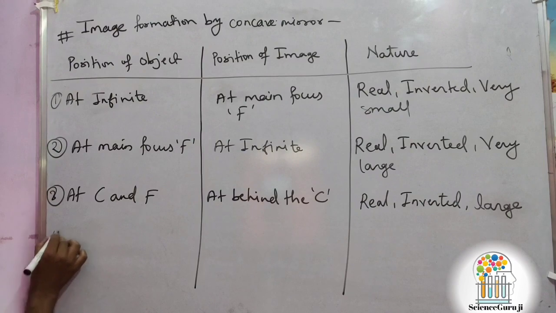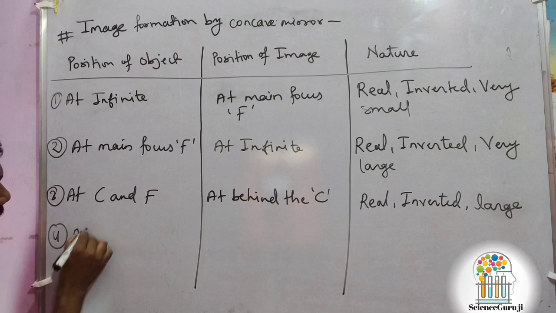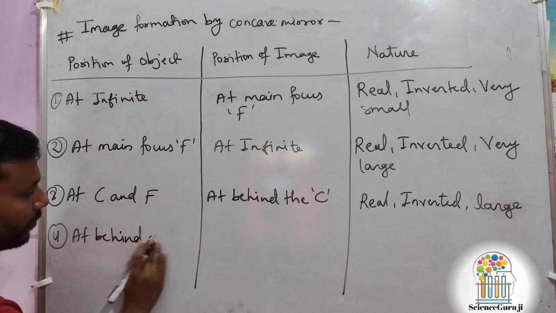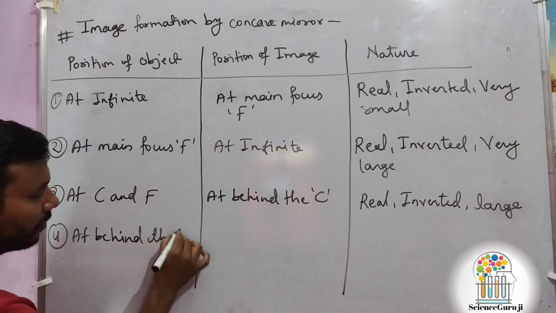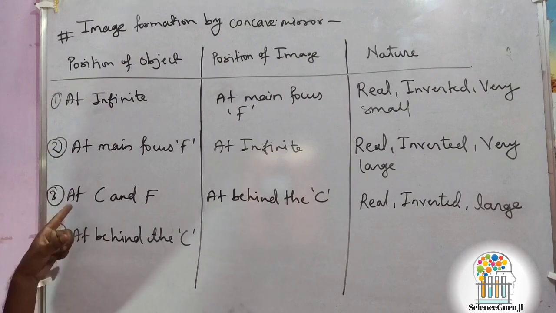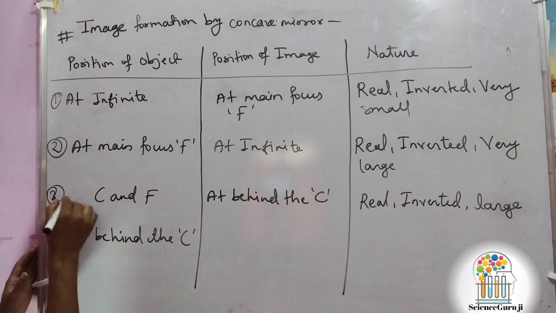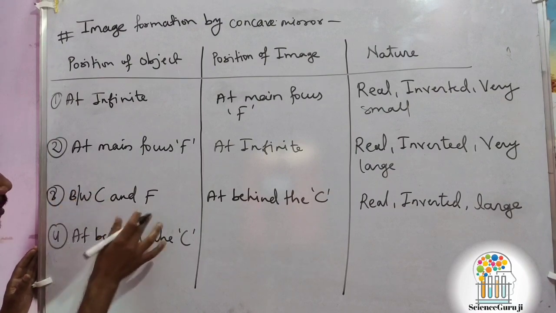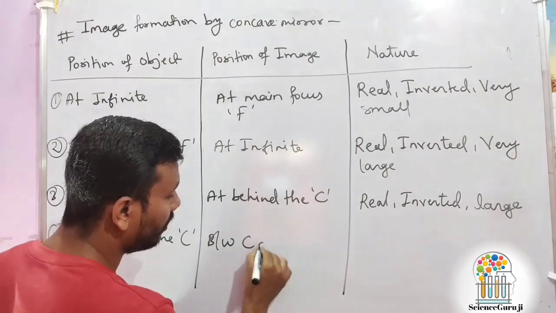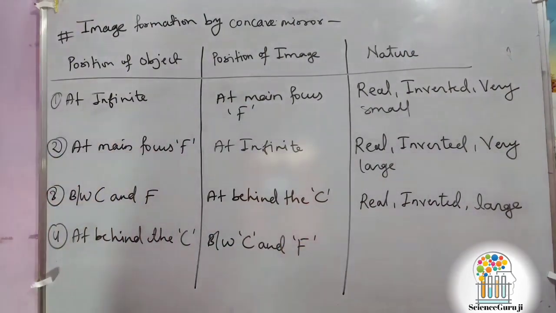And again, if we put the object behind C, behind the center of curvature, then the image is formed between C and F. Have you got my point?